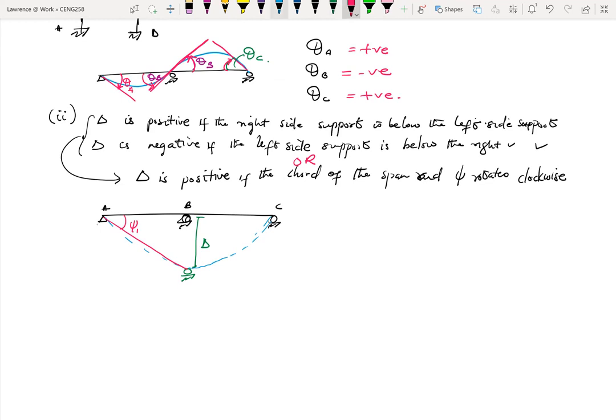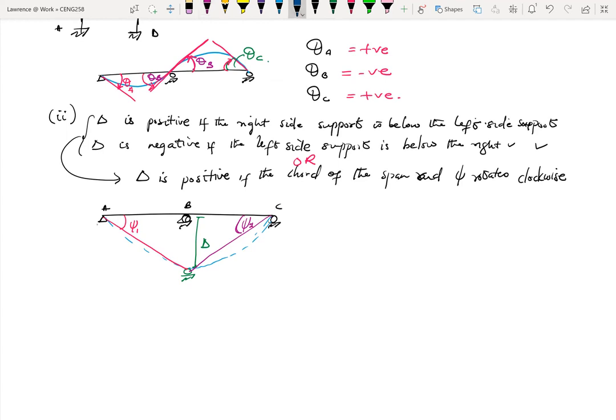And if I also draw another one between C and B, this becomes my chord psi 2.